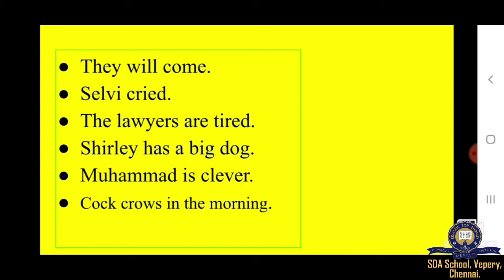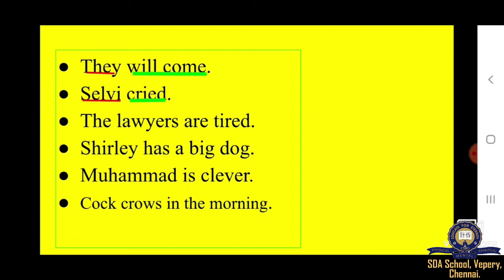Here, what is the subject? Yes, they is the subject. And the remaining part, will come, is predicate. And next sentence, Selvi cried. Here what is the subject? Selvi is the subject. And cried is the predicate.